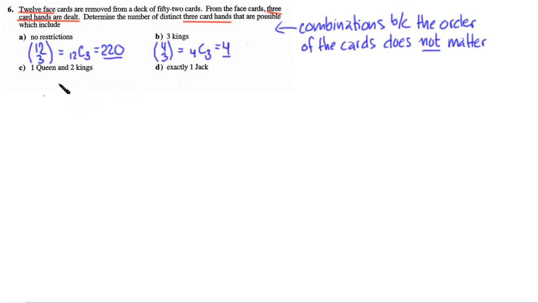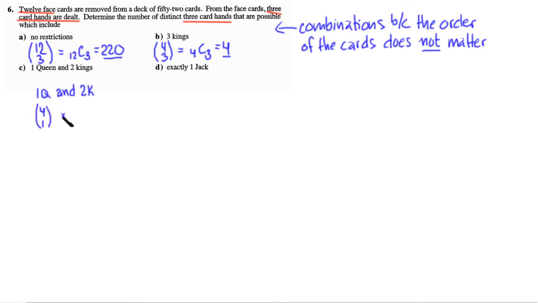In C, now we are dealing 1 queen and 2 kings. Okay, so it's going to be 1 queen and 2 kings. So there are 4 queens among the face cards. So we're going 4 choose 1.